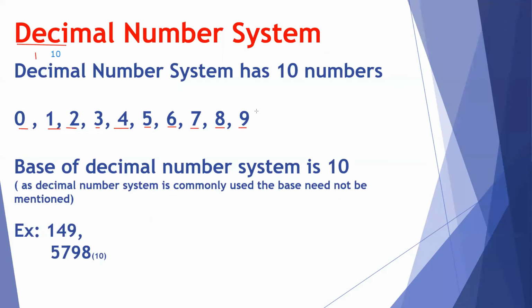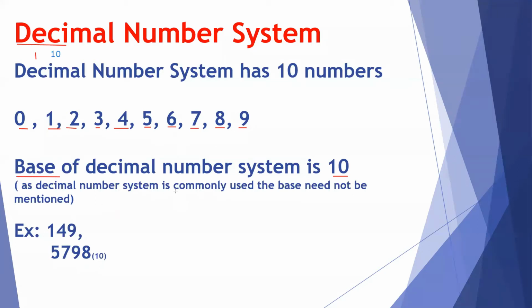As the numbers present in the decimal number system are 10, the base of the decimal number system is 10. We use the decimal number system in our day-to-day life, might be currency, numbers, addition, subtraction, whatever it is.